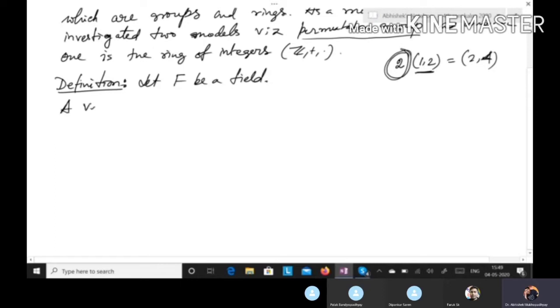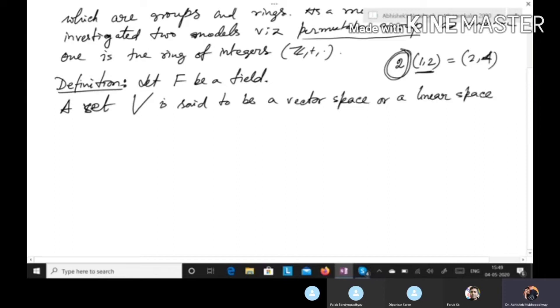Then a set V is said to be a vector space or a linear space over the field F with respect to two binary operations.